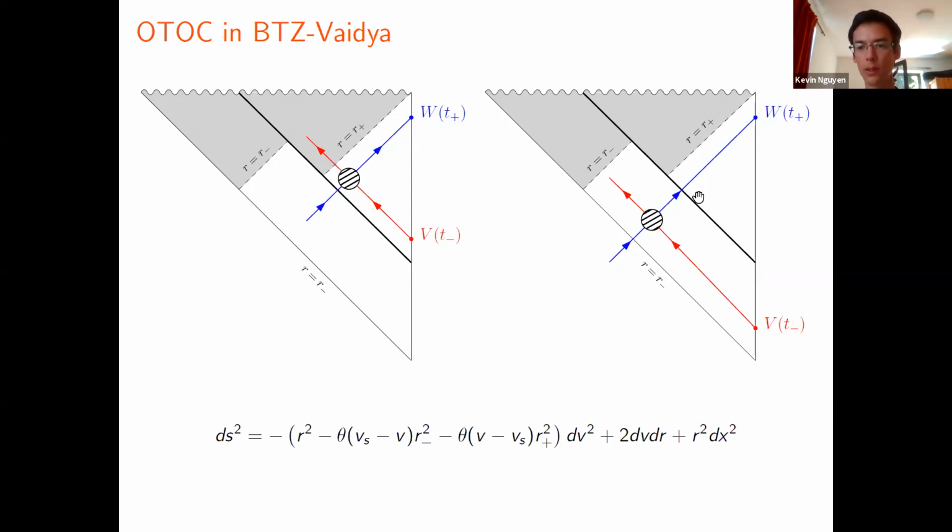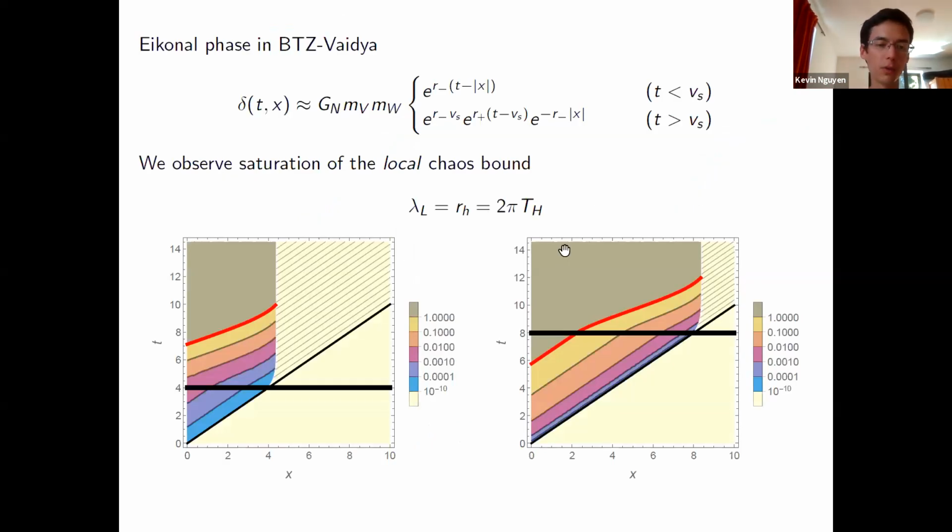We haven't analyzed this, and it actually coincides with this hashed region on the plots. The colored region is where the gravitational interaction happens in the small black hole region, and the hashed region is where there is a contribution from the second, the bigger black hole region.